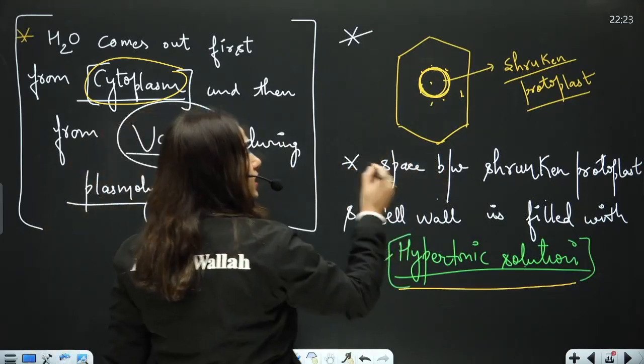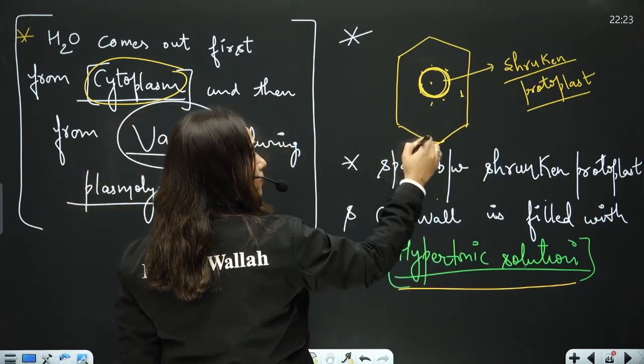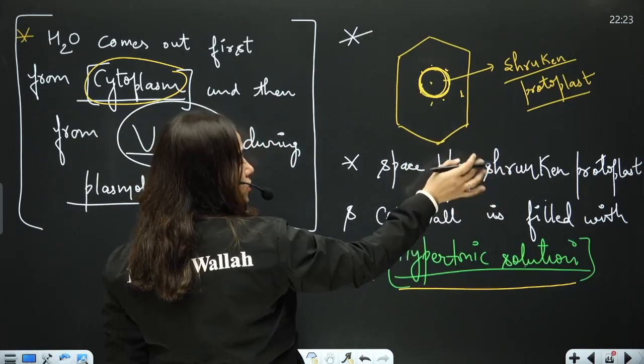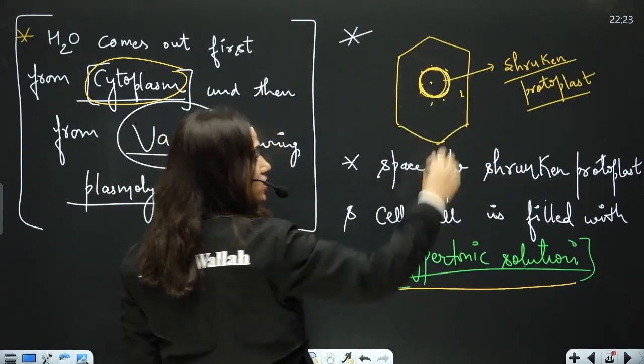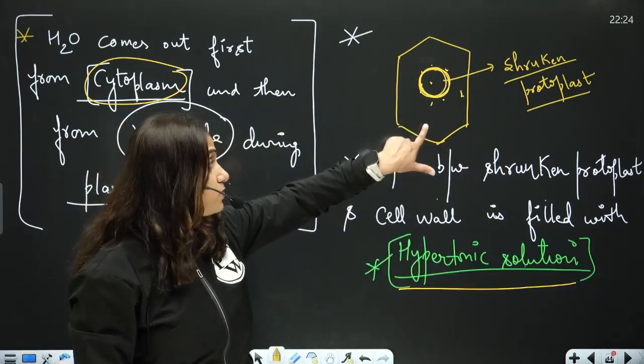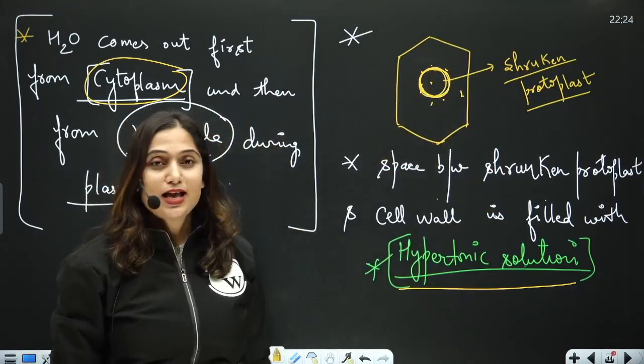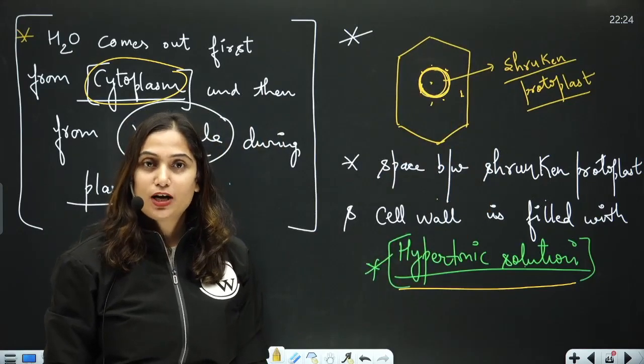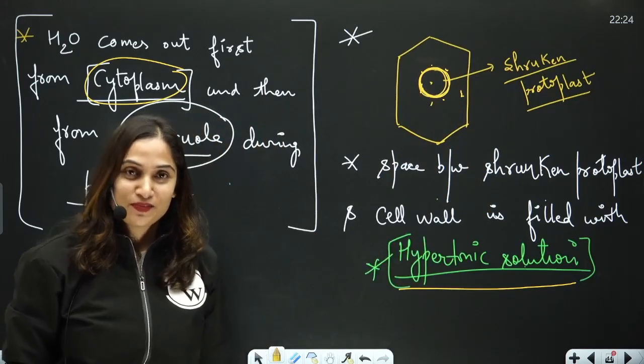The hypertonic solution gets filled in this space. This is very important. In a plasmolyzed cell, the space between the shrunken protoplast and the cell wall is filled up with hypertonic solution. Okay?